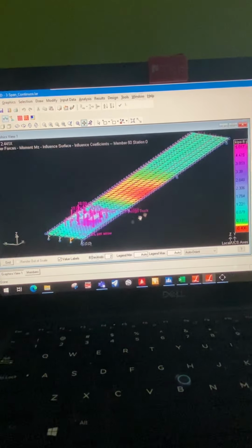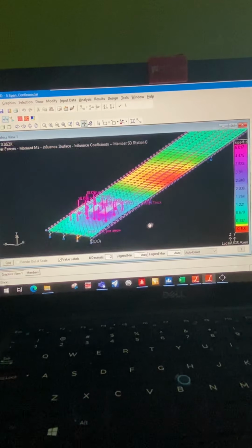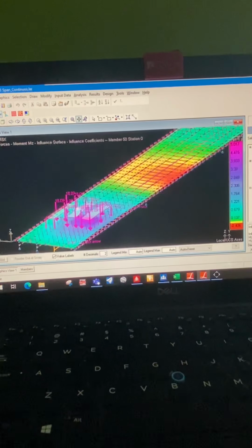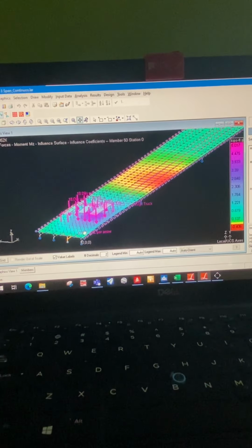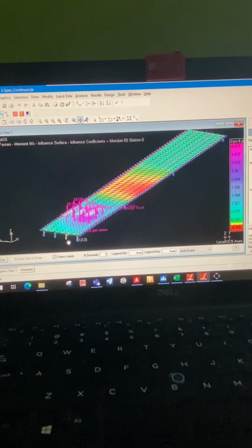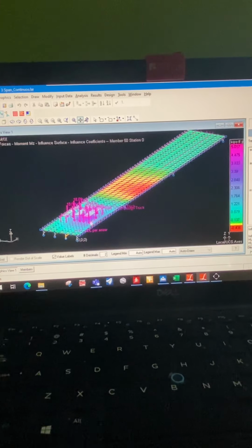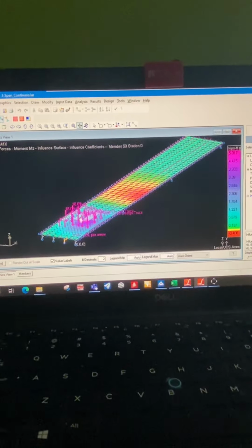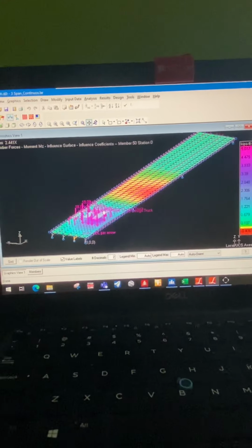Once you put it in, it figures out where the maximum positive moment is, because first it did an influence surface analysis, found the maximum influence coefficients, and put the truck at that location.